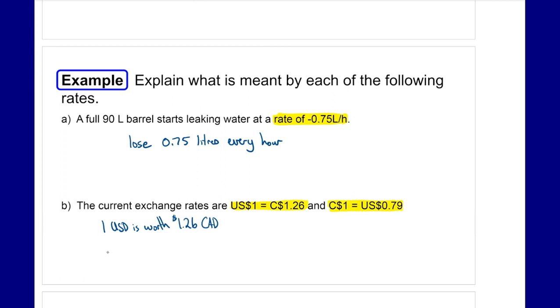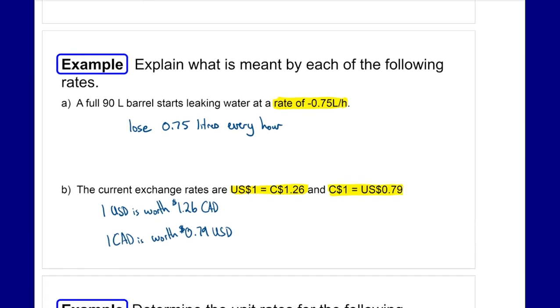And vice versa, 1 Canadian dollar is worth 0.79, or 79 cents, American. So it's just showing what $1 American is worth in Canadian and what $1 Canadian is worth in American. So these are also examples of unit rates because it's per 1 of something.